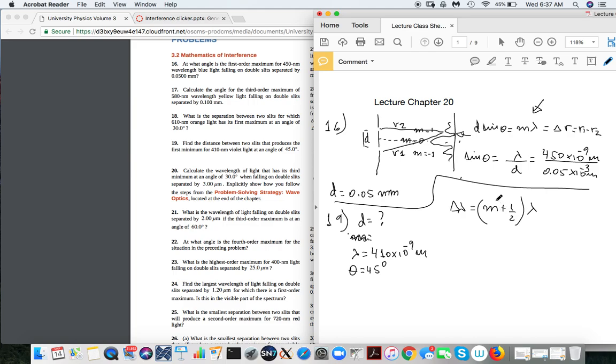So here m equals 0. So you want del R to be equal to lambda over 2.